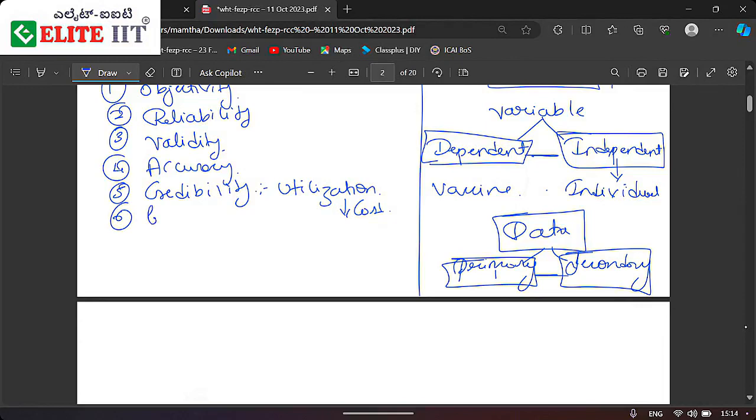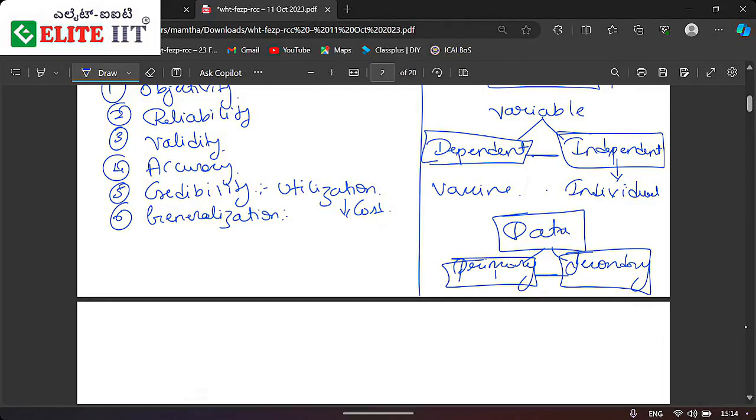And the next thing, there should be generalization. It is always done while you're doing research. Take the vaccine: it has been tested with a group of samples and it has been generalized. They have not given a particular vaccine specifically for every individual body.